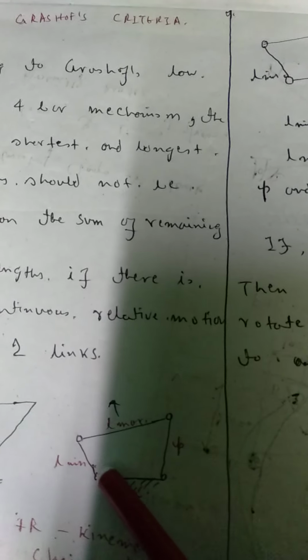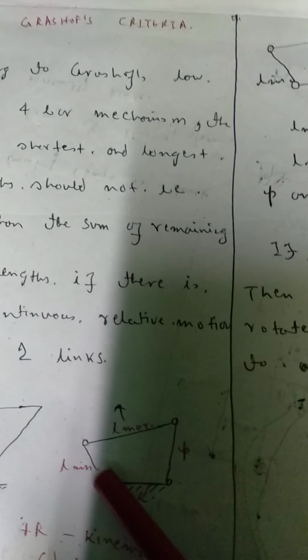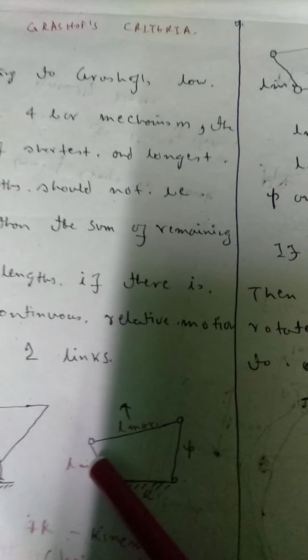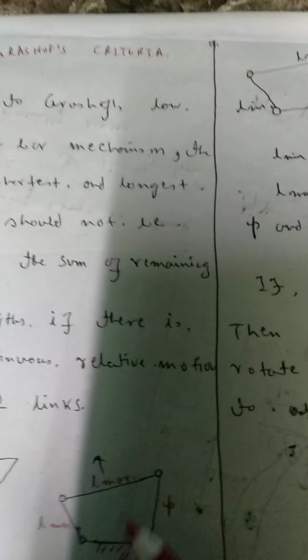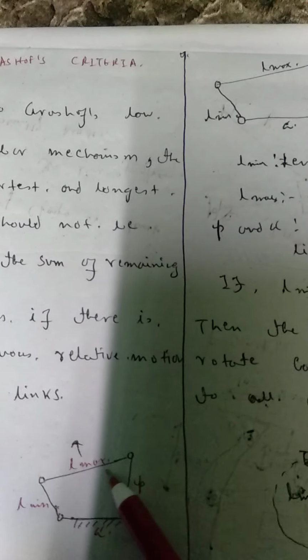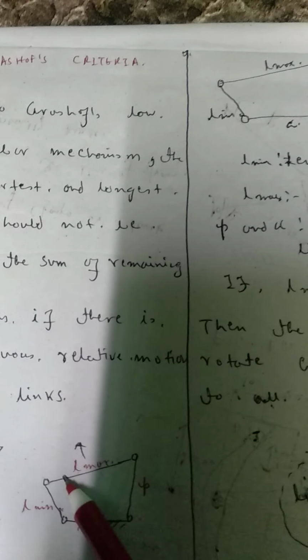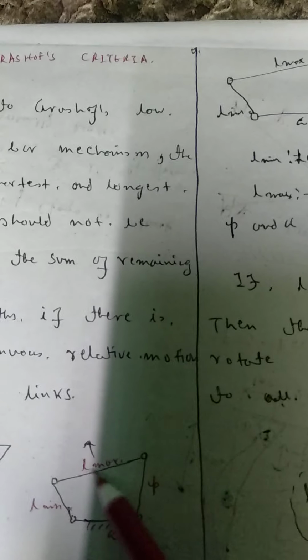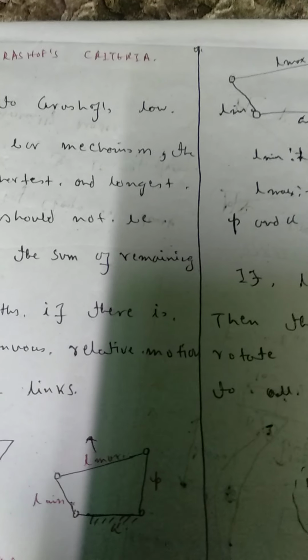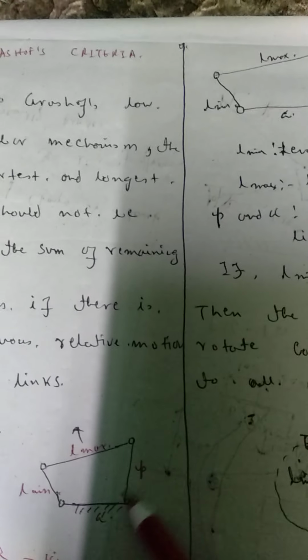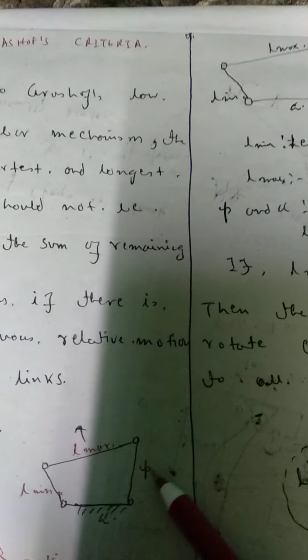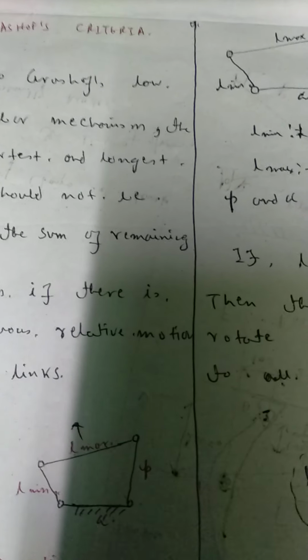This is the smallest link, which I have marked as L min. The largest link is marked as L max, and the other two links, marked as P and Q, are intermediate links of intermediate length between L min and L max.